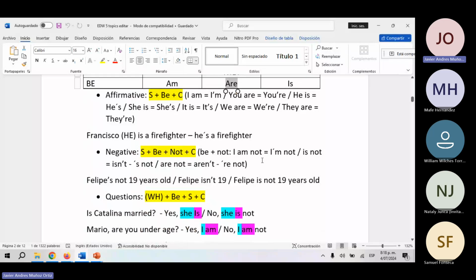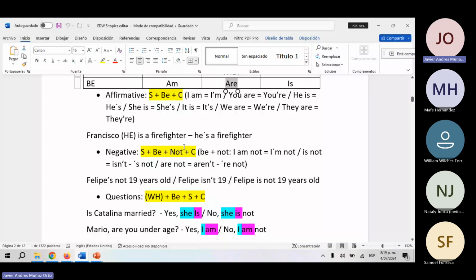When we are talking about negative sentences, like in Spanish, yo no estoy triste, I am not sad, right? The only word we add to the affirmative sentence is the word not, the negative statement. That's it. The only difference between Spanish and English is that in Spanish we say, yo no estoy, right? The negative word is after the subject, but in English the negative word goes after the verb to be.